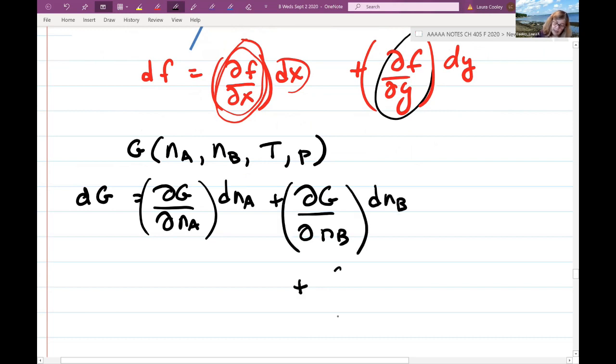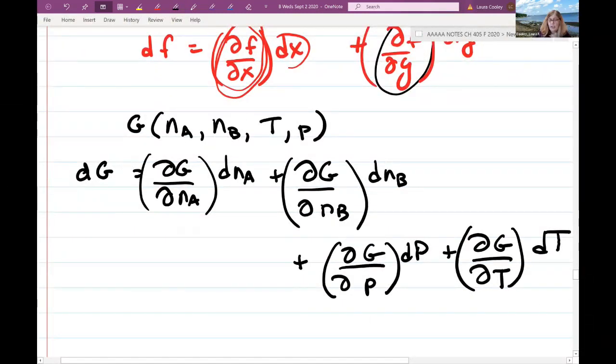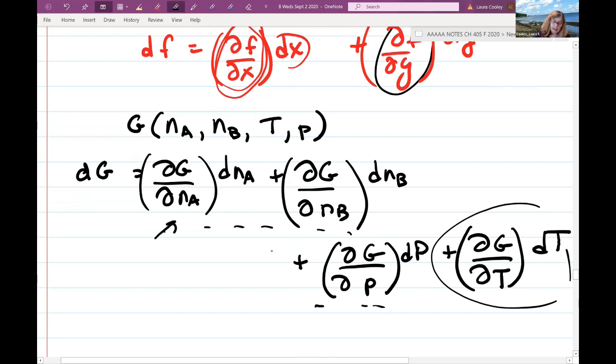And then you will have the change if the pressure is changing, and if the temperature is changing. And if we're only interested in how the free energy changes with the temperature, we can ignore all of these terms and just look at this one. Or if we're interested in how the Gibbs free energy changes with amount of A and B, we would look at these two terms and ignore the other ones, say constant pressure and temperature.